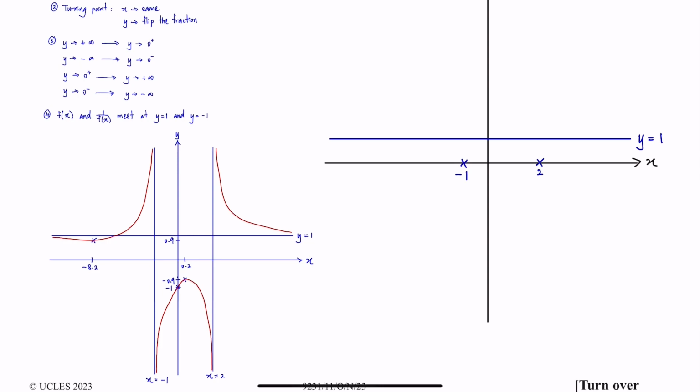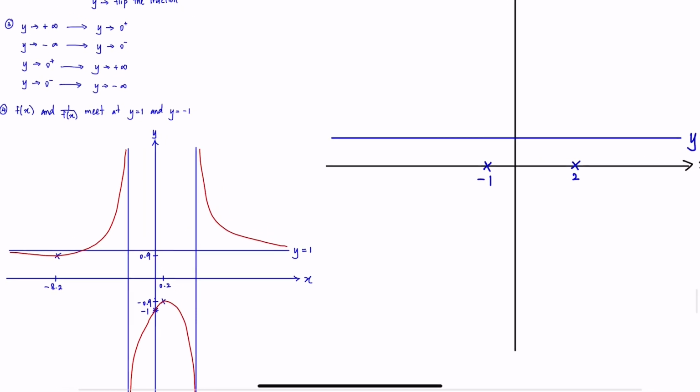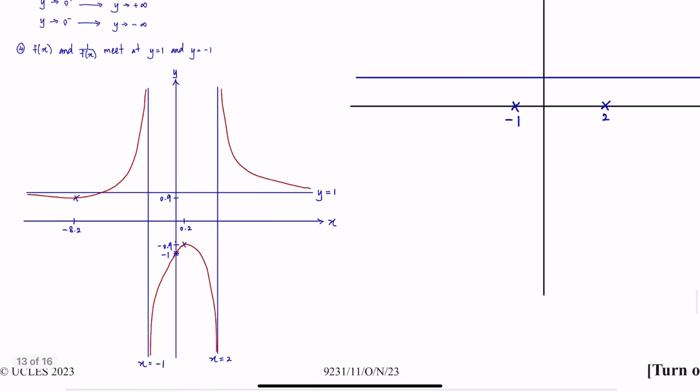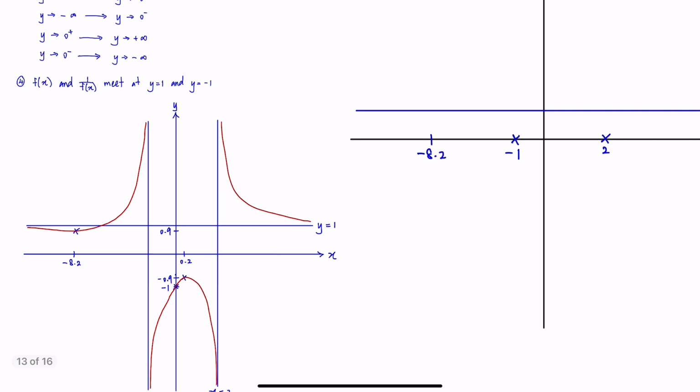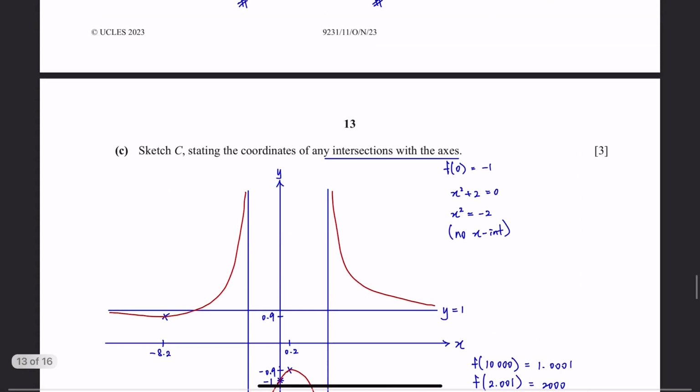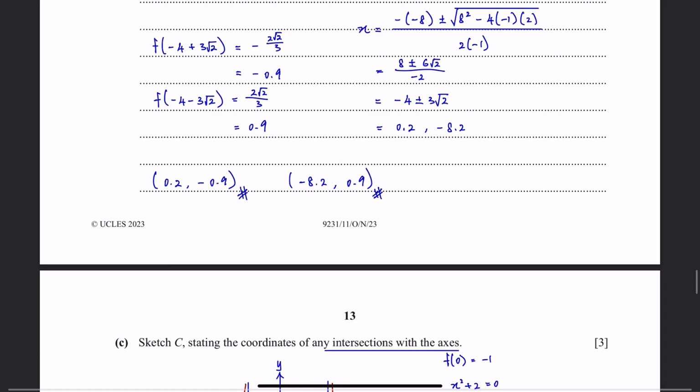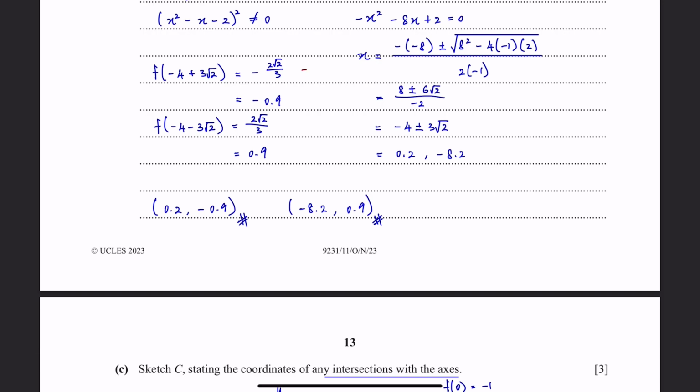Second, turning points. So we need to flip the fraction for the y coordinates. So it's still at negative 8.2 for x, but we need to flip the fraction, which means this would be negative 3 over 2 sub 2. So this would be 3 over 2 sub 2.